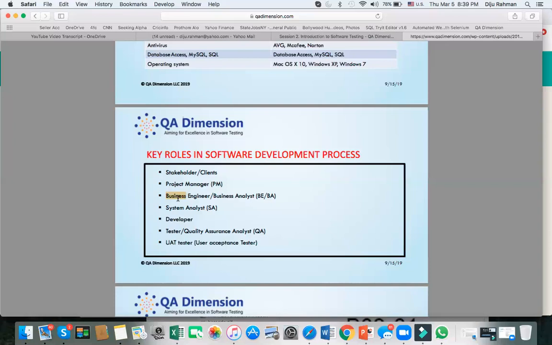They're the final people who will say, okay, this is working based on what I gave them. Sometimes you also call it business initiated testing or UAT testing. Many companies also hire another group of testing people who will do UAT testing. Just keep that in mind.